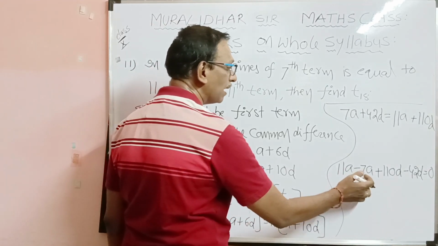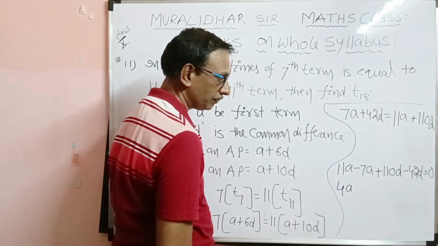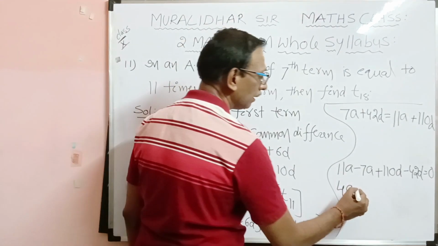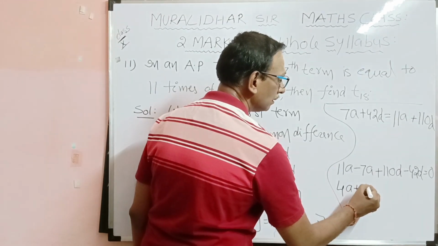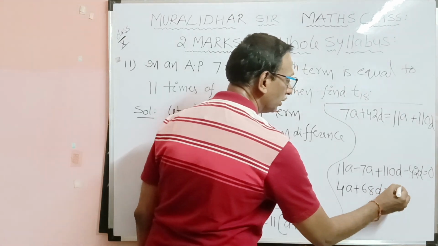Now 11a minus 7a, that is 4a. 110d minus 42d, that is 68d is equal to 0.